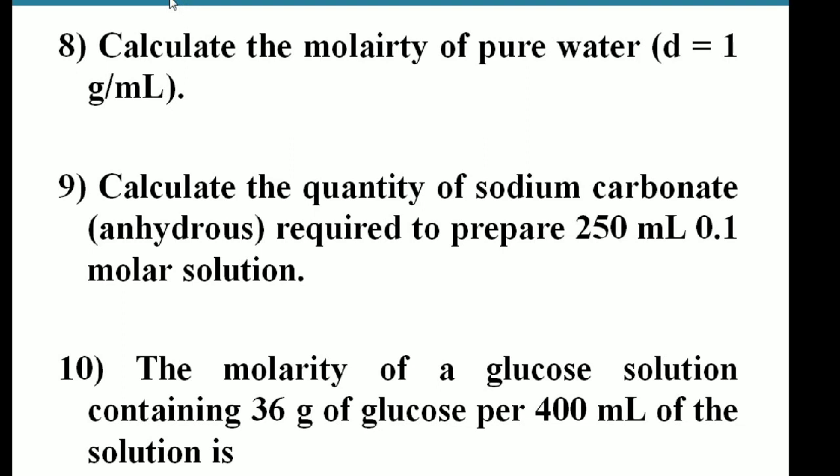Students, next we can see another problem on molarity. The problem is: calculate the molarity of pure water whose density is 1 gram per ml. In this problem only the water density is given, so we can find the weight of the water.